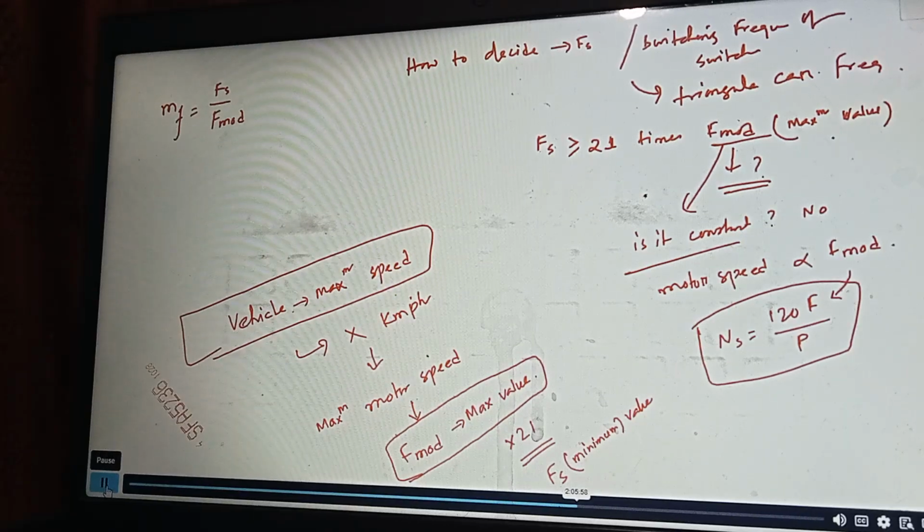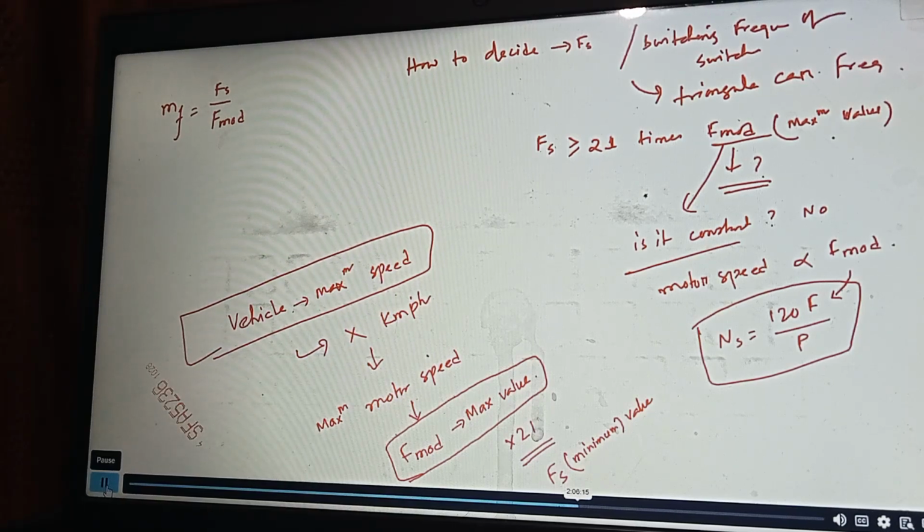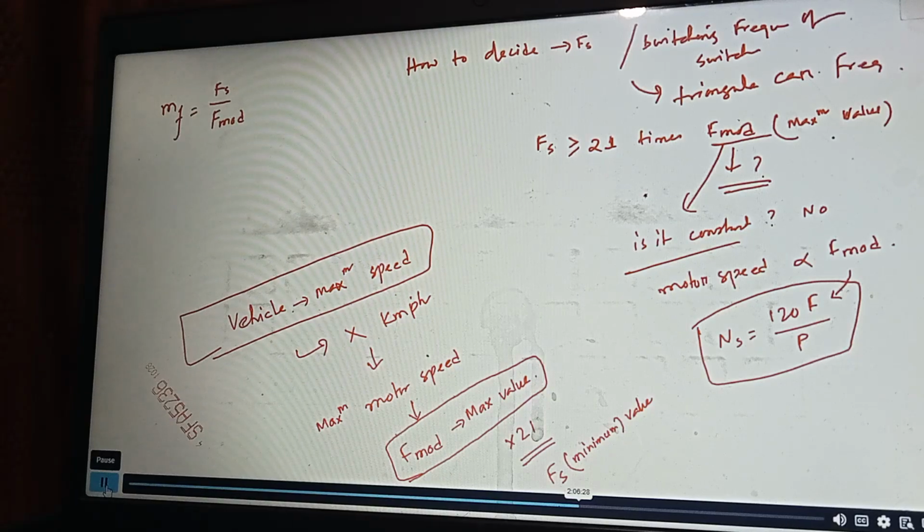If I ensure that at the maximum value my Fs is more than 21 times, then for any value less than the maximum of F mod, the switching frequency will always be more than 21 times higher. Very simple math. From vehicle maximum speed, we know the maximum motor speed requirement, from which I know the maximum frequency of the motor current, from which I get the maximum frequency of the modulating signal. We multiply it by 21 to give the minimum carrier frequency.